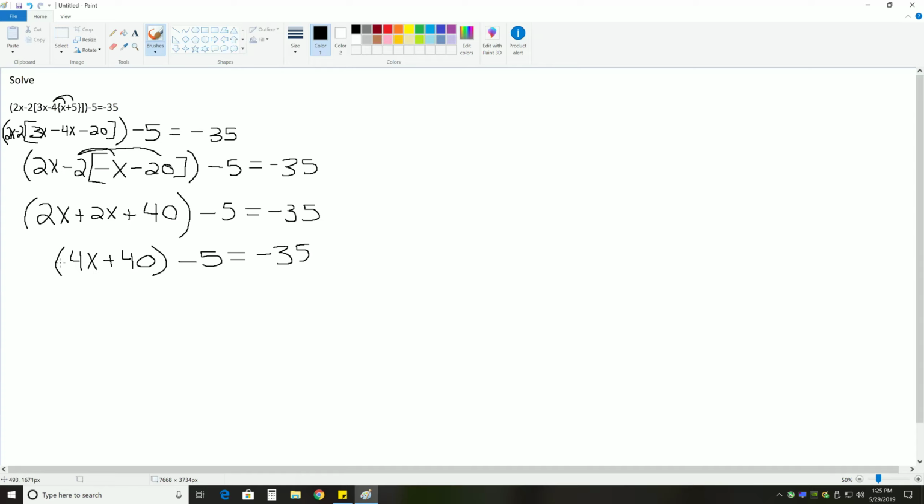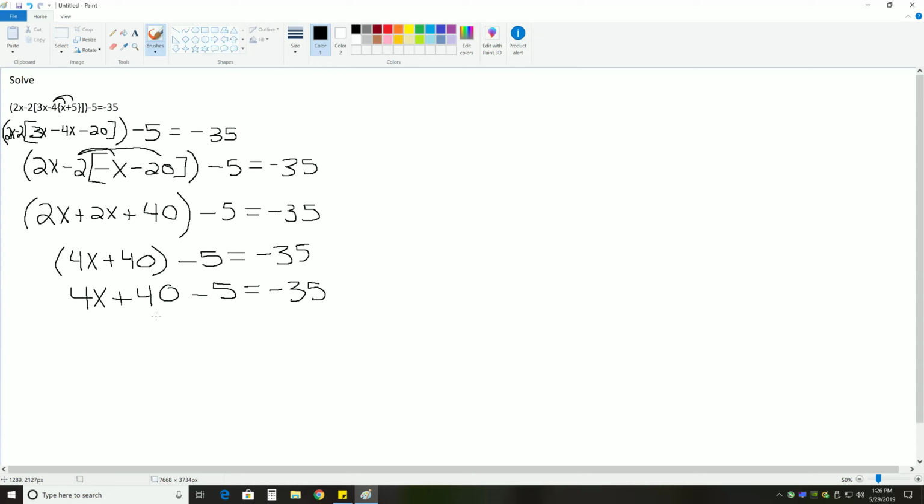If there's nothing on the outside of your parentheses, that means there's technically a 1 there, and if you distribute a 1, you just get exactly what you had before. So we don't even have to show that step. Whenever you don't see anything being multiplied to your parentheses, you can immediately drop them, leaving you with just 4x plus 40 minus 5 equals negative 35.